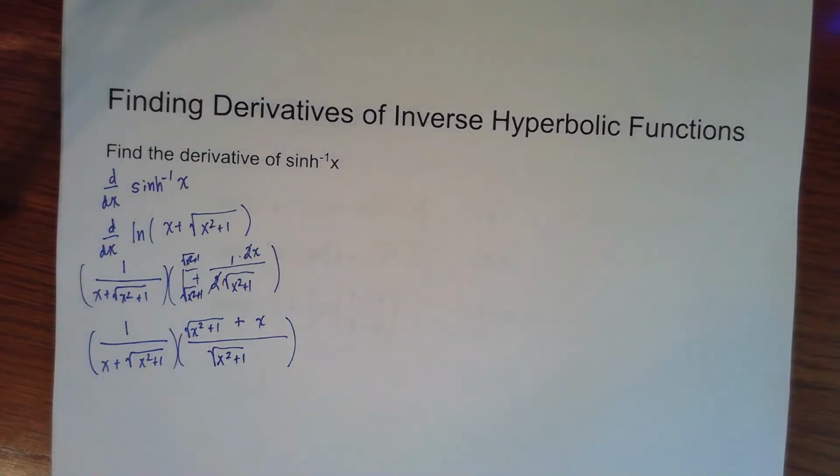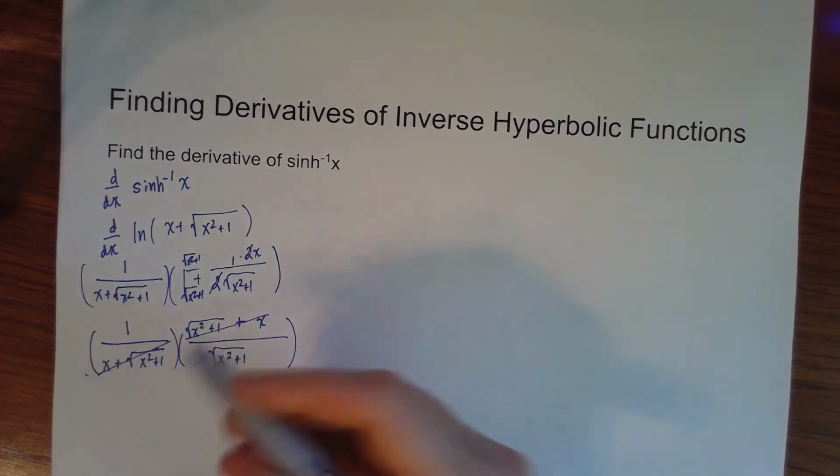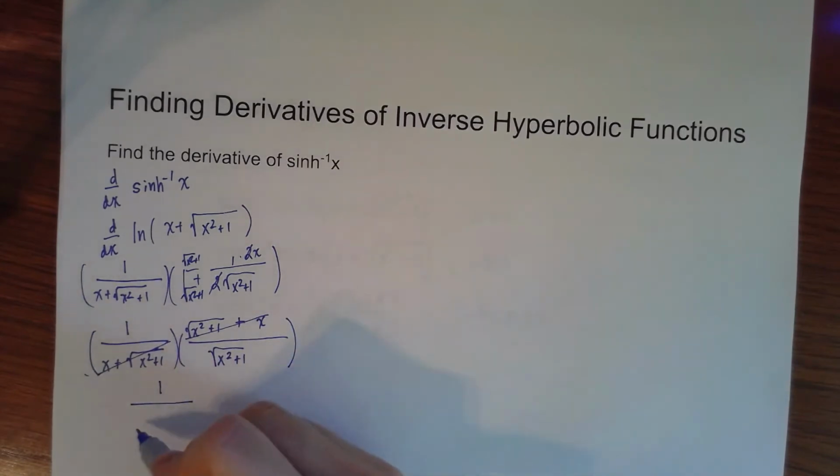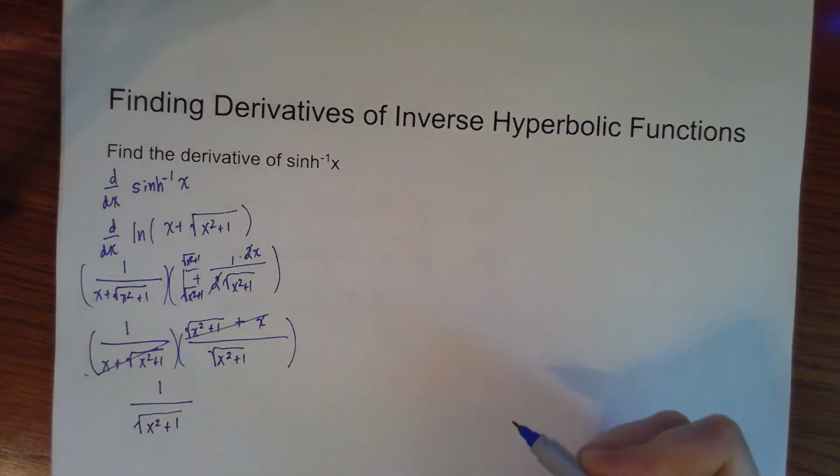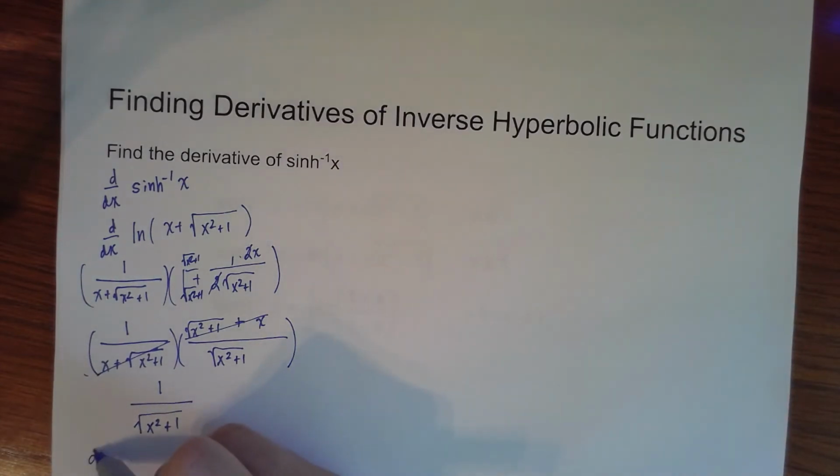Now we see that this numerator is exactly the same as this denominator, so those can cancel, and we just get 1 over the square root of x squared plus 1. So that means the derivative of the inverse hyperbolic sine of x is equal to 1 over the square root of x squared plus 1.